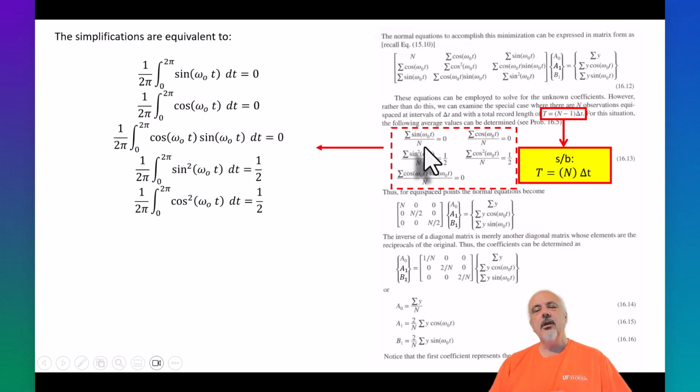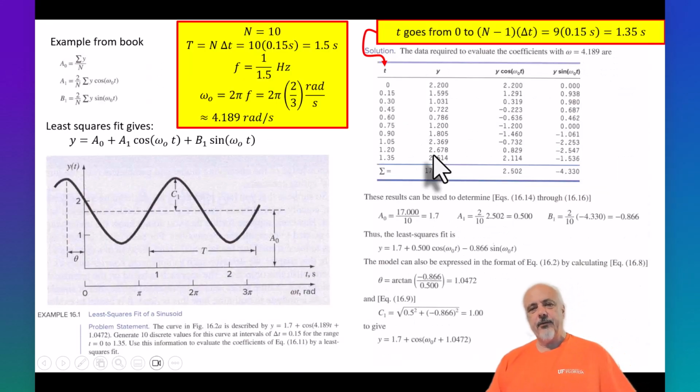Same thing here, taking the sum of those sine of omega naught t's and dividing by n. Cosine also, and the cross term, sine times cosine, also vanishes. Sine squared and cosine squared do indeed equal half when you do the integral and divide by 2 pi. So this is true. Very interesting how I found that out.